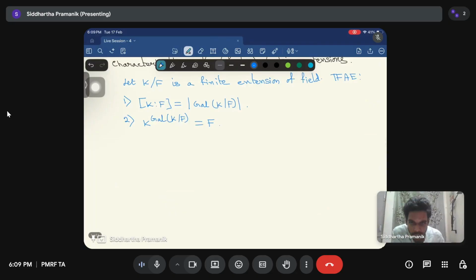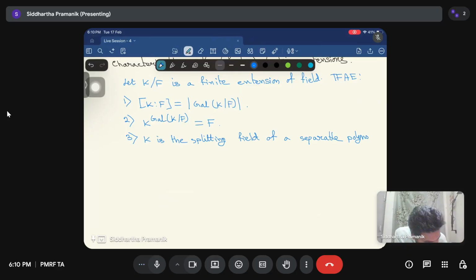These two things we have already seen in the previous week, and in this week we have seen that K is the splitting field of a separable polynomial over F. So this is the third condition.